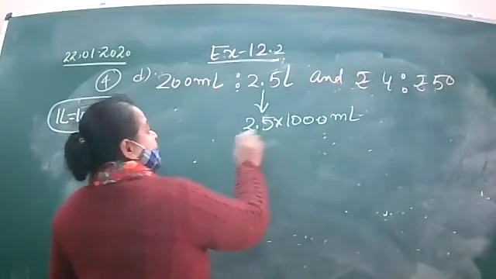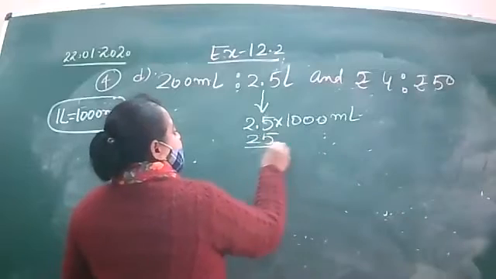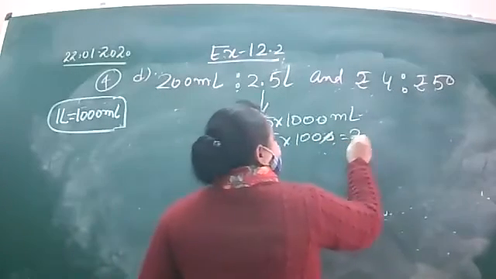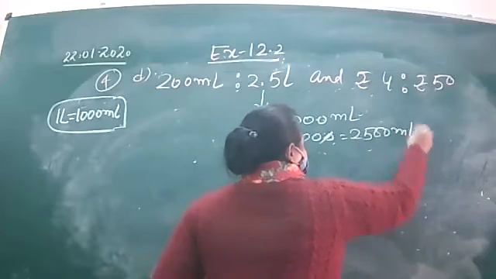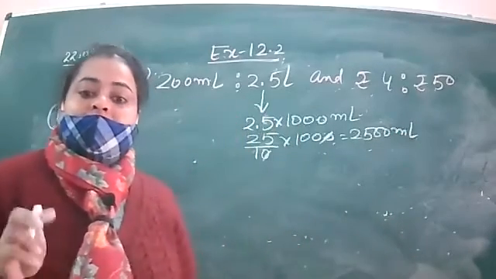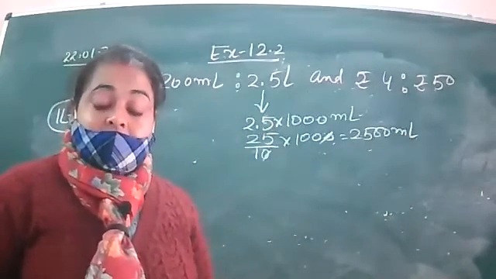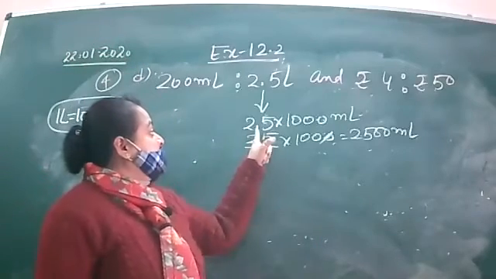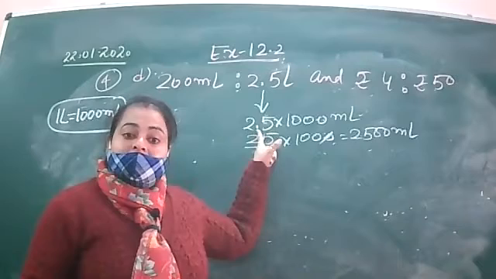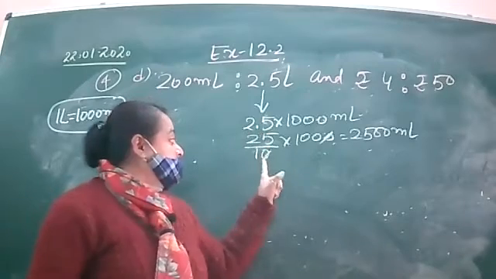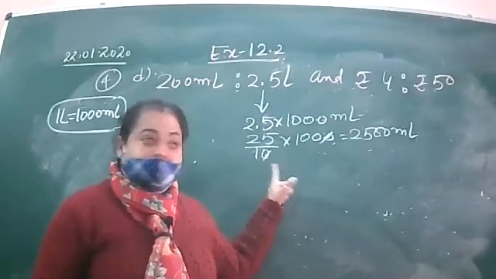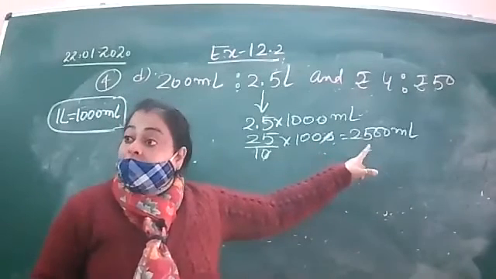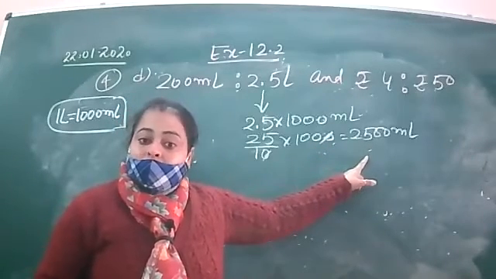Now this is 25 over 10 and you will get 2500 milliliter. And very much compulsory, Prerna, not 25,000. This is decimal, so when you remove this decimal, you will get 10 in the denominator. 0, 0 cut and you will get 2500, not 25,000.